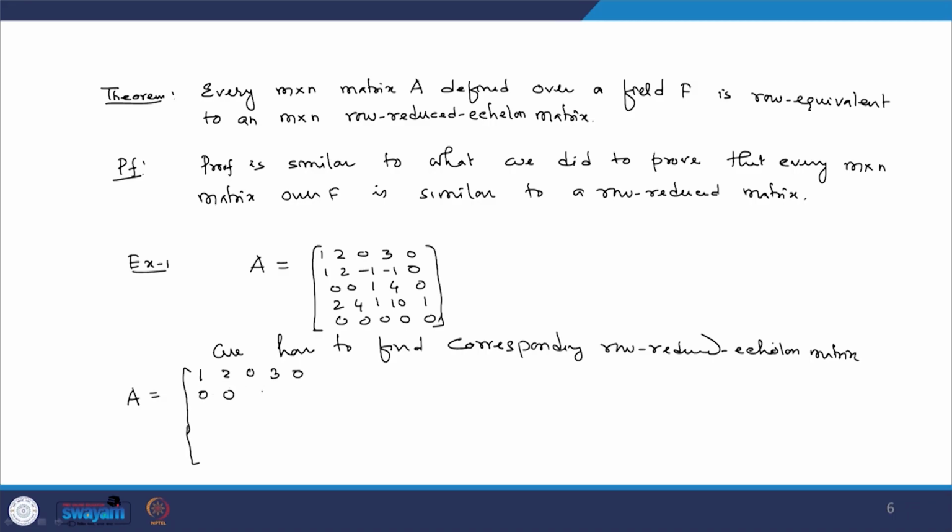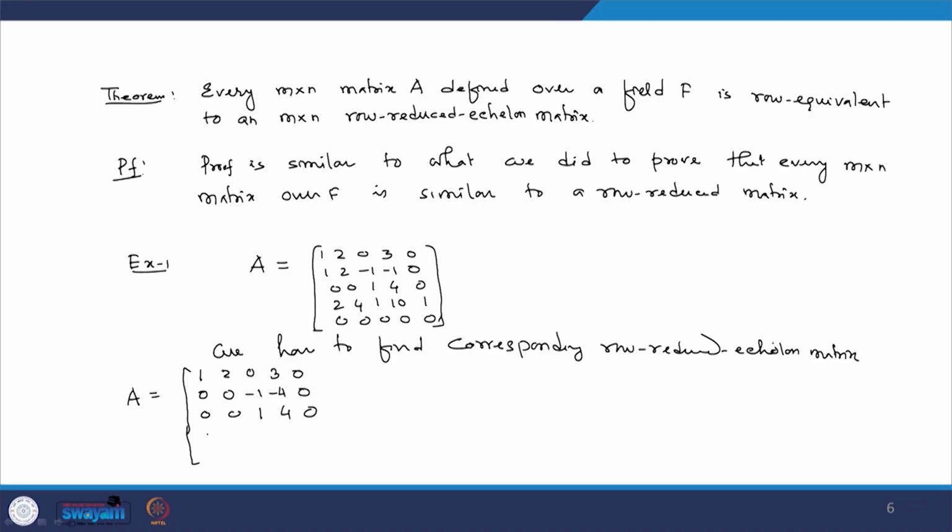If I do it, 0 0 minus 1, minus 4 and 0. And the 4th row I have to replace by 4th row minus 2 times the first row.